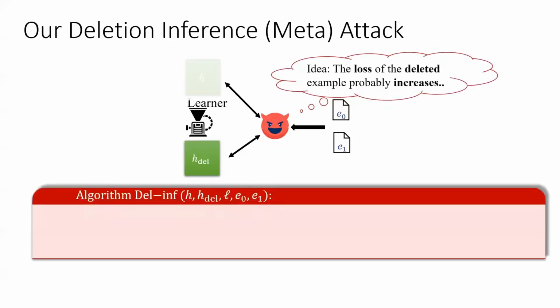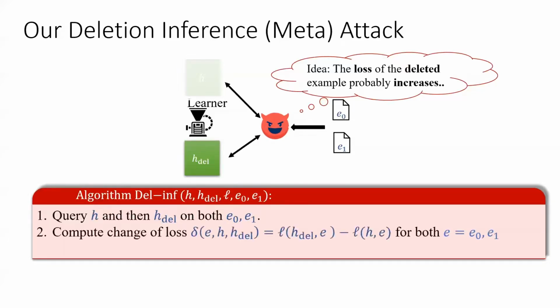Just compare the difference in the loss, that is the loss after deletion minus the loss before deletion. So the attack first queries the models H and H-del with both examples E0 and E1. And then it gets the loss of the two examples and computes the difference for both E0 and E1. And finally, the attack returns the example with the larger loss difference.